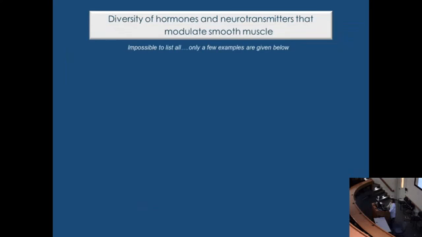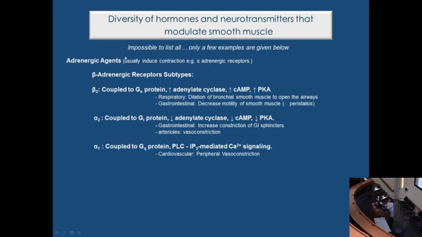So here, as I said, there are many hormones or neurotransmitters that modulate a smooth muscle cell. You saw already some of them in the previous lecture, so it's impossible to mention all of them, but here I have some examples. For instance, adrenergic stimulation through the different types of receptors can get the smooth muscle cells either to decrease their motility or increase their contraction, right?